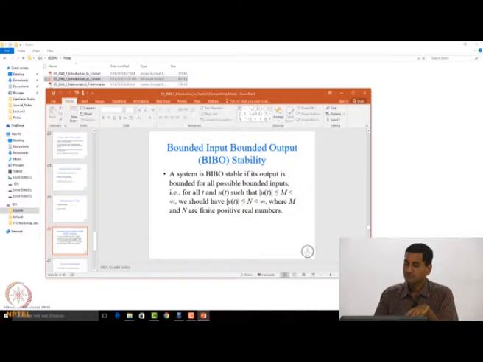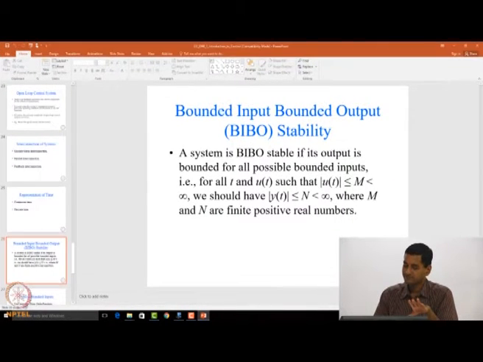So if you look at the definition, what did we learn as BIBO stability? A system is BIBO stable if its output is bounded for all possible bounded inputs. The keyword there is all.